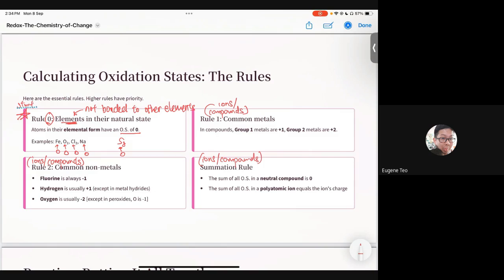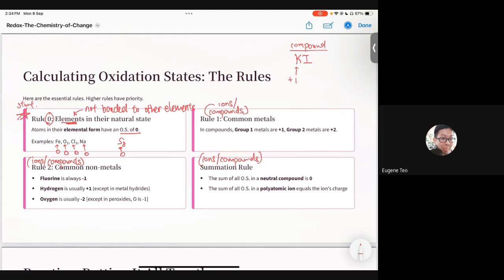So in terms of rule 1, in compounds, group 1 metals are +1, group 2 metals are +2. For example, if I got potassium iodide, KI, what's the oxidation state of potassium here? Because this is a compound, K is potassium, a group 1 metal. So the oxidation state of this potassium is +1. Let's try another one.